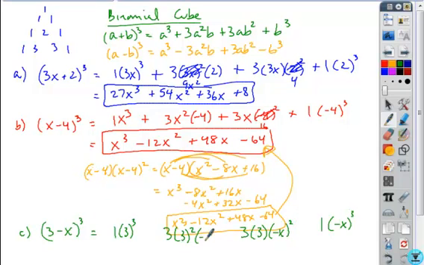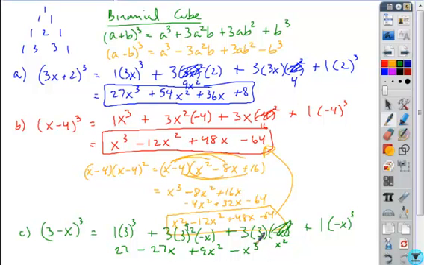Reduce it, squared, to the first, and then just simplify what you have. So 3 cubed is 27. 3 squared is 9. 9 times 3 is 27 times the negative x gives you negative 27x. The negative x squared gives you a positive x squared. 3 times 3 is 9x squared. And then finally, negative x cubed gives you negative x cubed.